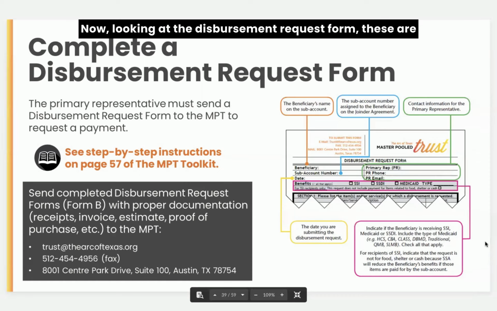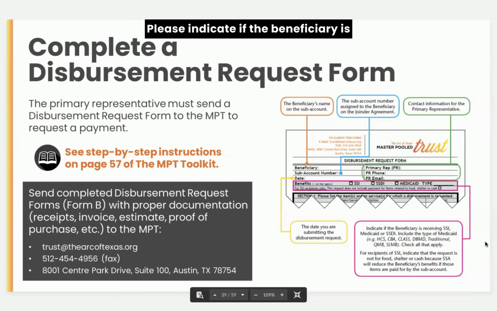Now, looking at the disbursement request form, these are the following things that must be put on there. The beneficiary's name on the subaccount, the subaccount number assigned to the beneficiary on the joinder agreement, contact information for the primary representative, and the date you are submitting the disbursement request.